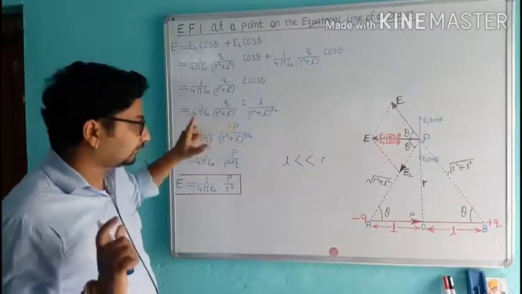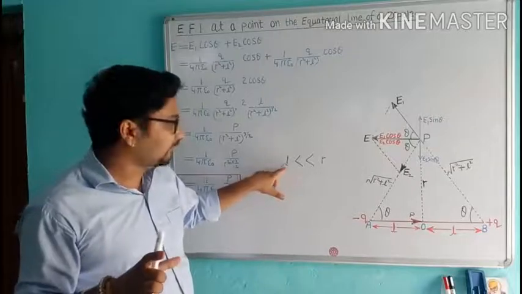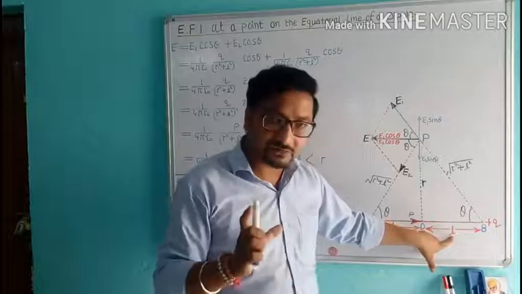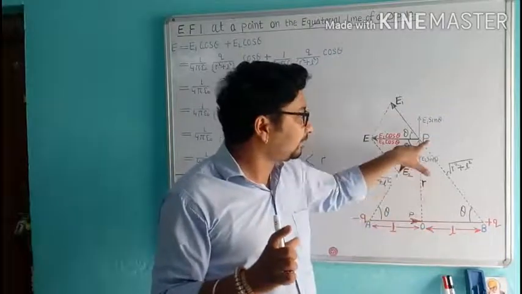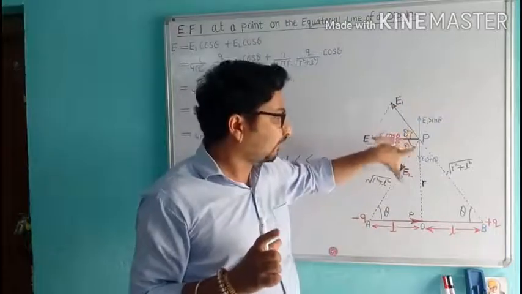Now, L is very small when we compare it to the distance R. This is a very small distance and this point P can lie here, any point on the equatorial line.